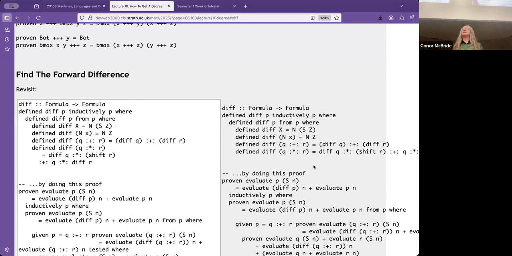Okay, there's an added extra thing going on in terms of how to manage constants. Think about this for a moment. Suppose you know a formula has a degree of something or other, a degree of n.